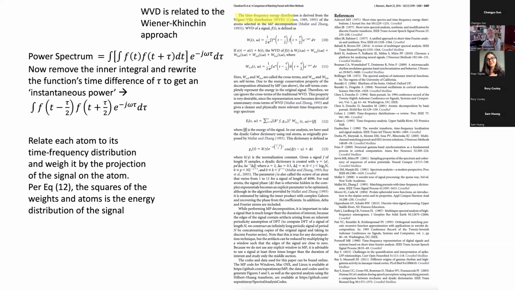And then you can, in principle, use that in the Wigner-Ville distribution, and then you get an expression like this, where you see that the energy distribution in time and frequency is just the sum of the power of the atoms expressed in time and frequency. And that is, in principle, what they showed in that figure, where they apply the matching pursuit.